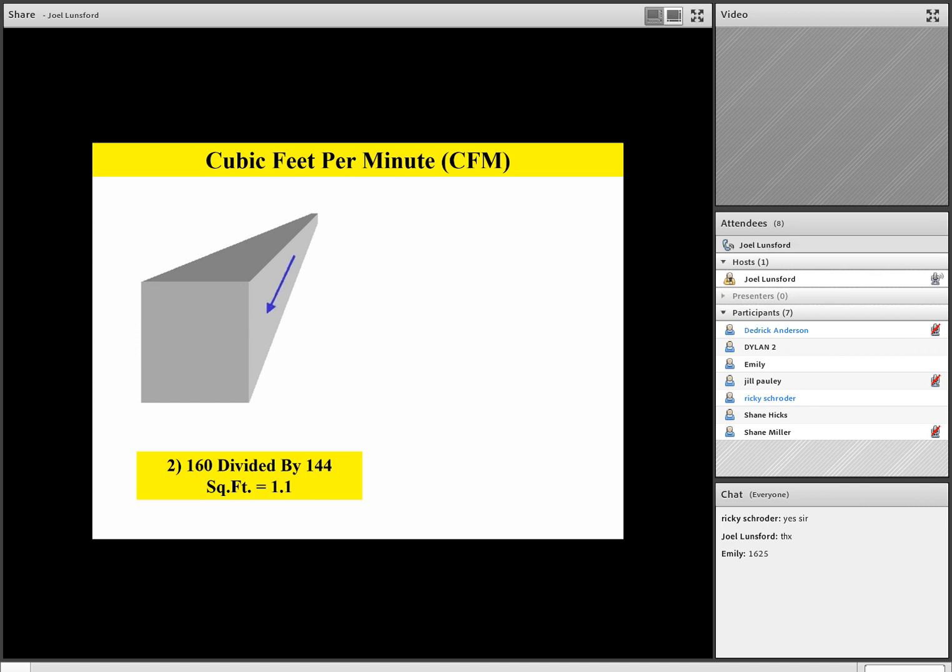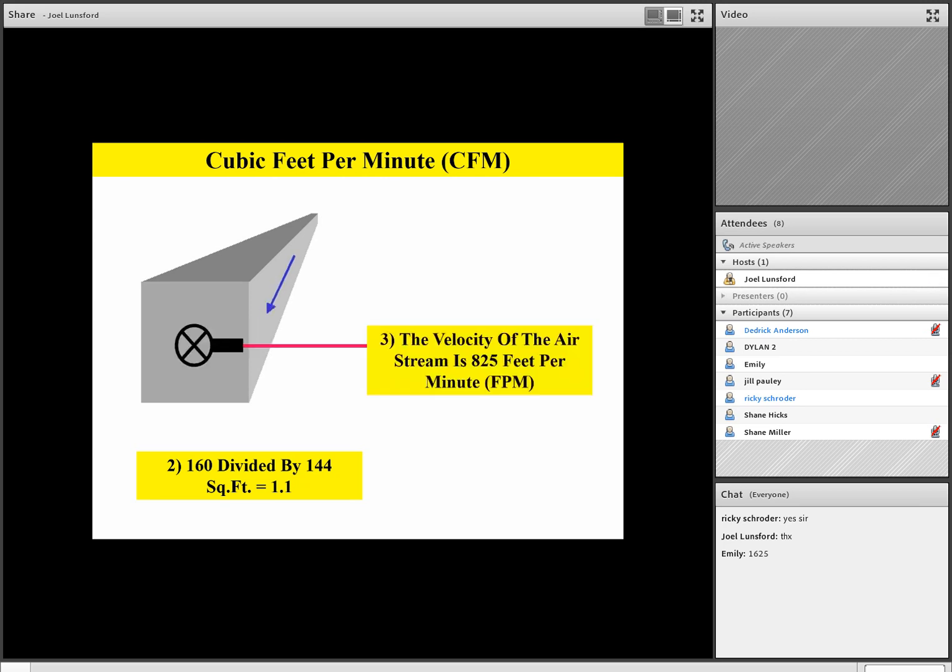We then take our velocity tool and we measure the velocity of the airstream in feet per minute. And in our example, we see we have 825 feet per minute velocity. We then multiply those two factors together to get CFM.